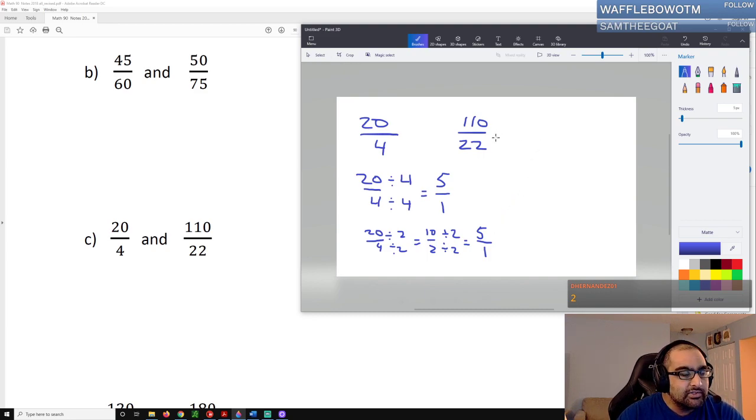How about this next one? What could we divide by here? 110 and 22.